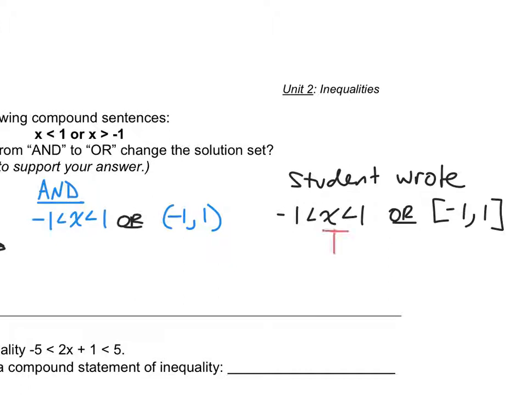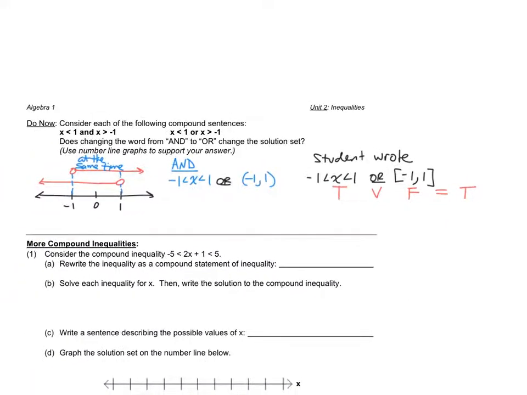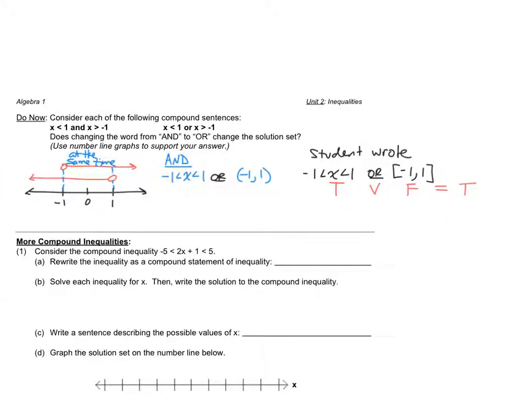This part was true. Only one of them has to be true. This part was true, this part was false. But the rule of OR tells us that, using logical reasoning, the student demonstrated that their answer deserved full credit.